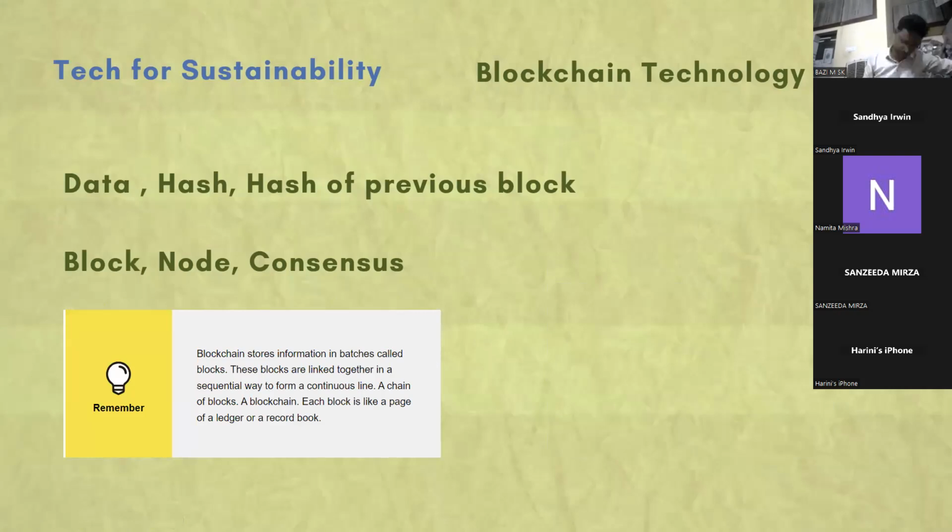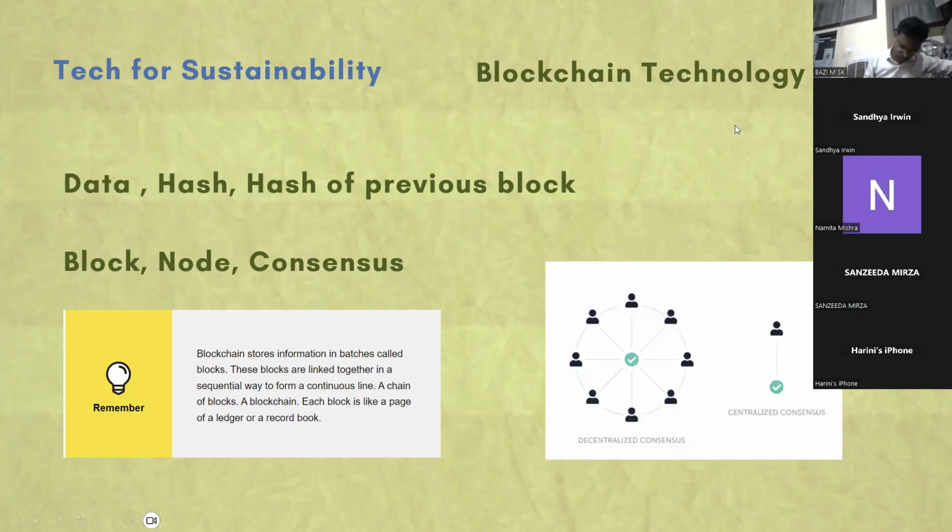And they're linked together in a sequential way to form a continuous line. And each block is like a page of the ledger. Remember, I said the data itself is the attendance book. So, just as each page is there with the data in your attendance or record book, each page is a block. And then the person maintaining it, or the source where these blocks are, is a node, and the multiple sources are a consensus.